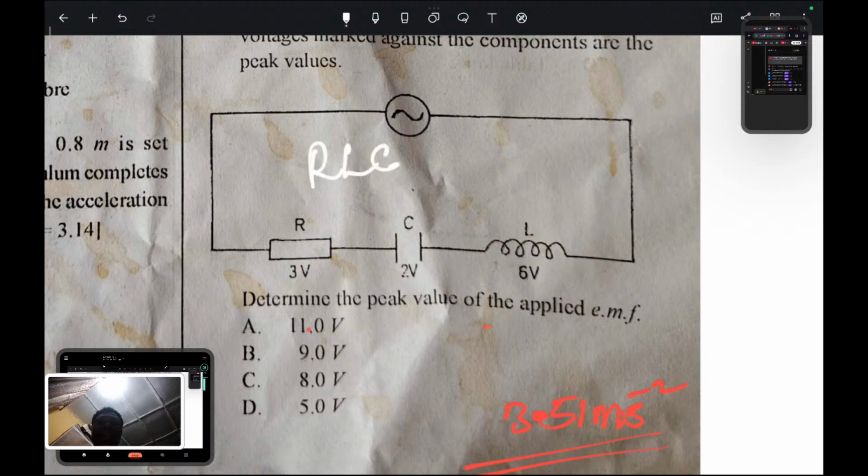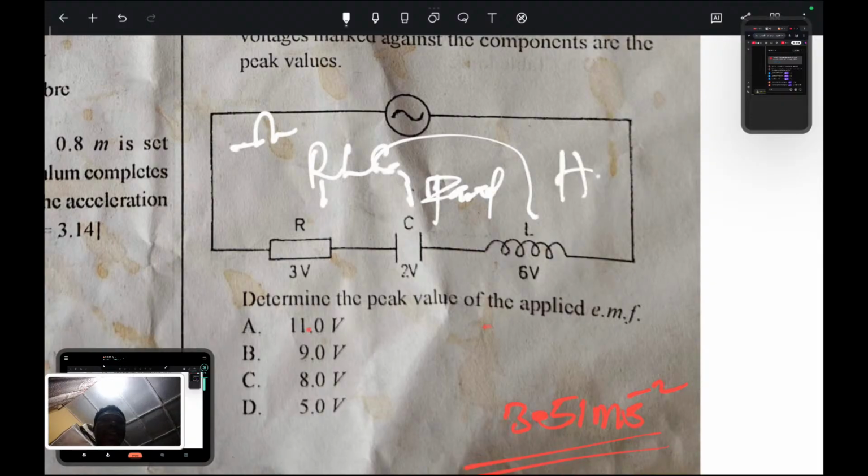RLC circuit is resistance or resistor, capacitor, which is capacitance, and inductor, which is inductance. Okay? And resistance is given in ohms, the name of a scientist. Capacitance is measured in farad, Michael Faraday. And inductance is measured in henry. Okay? Another scientist.